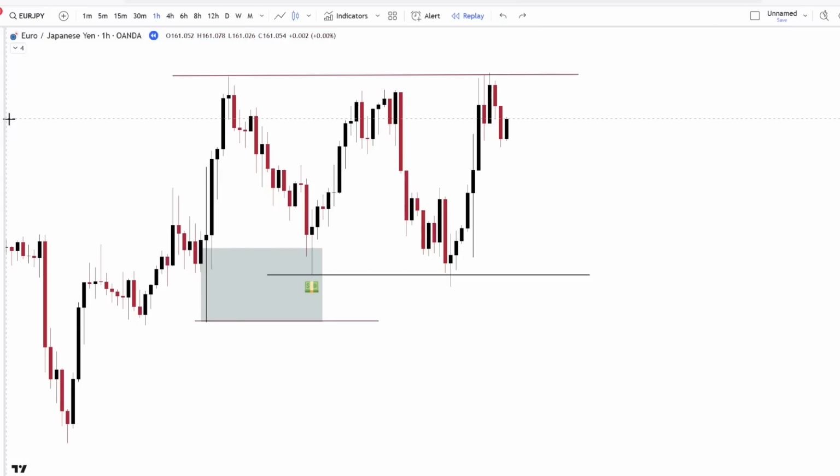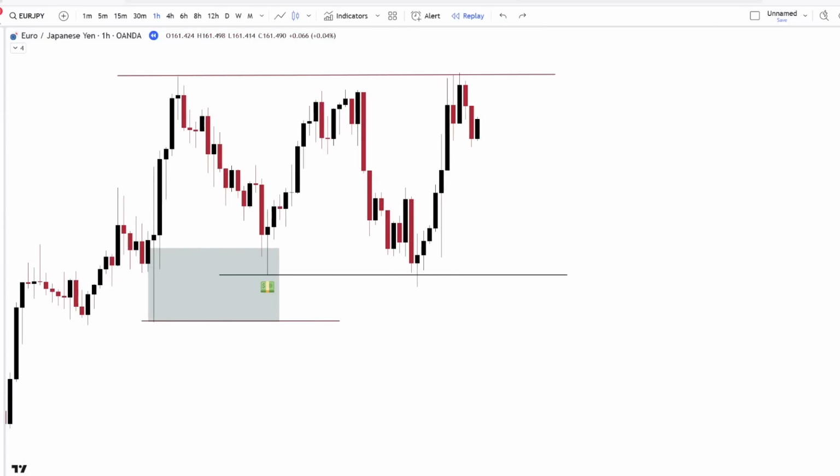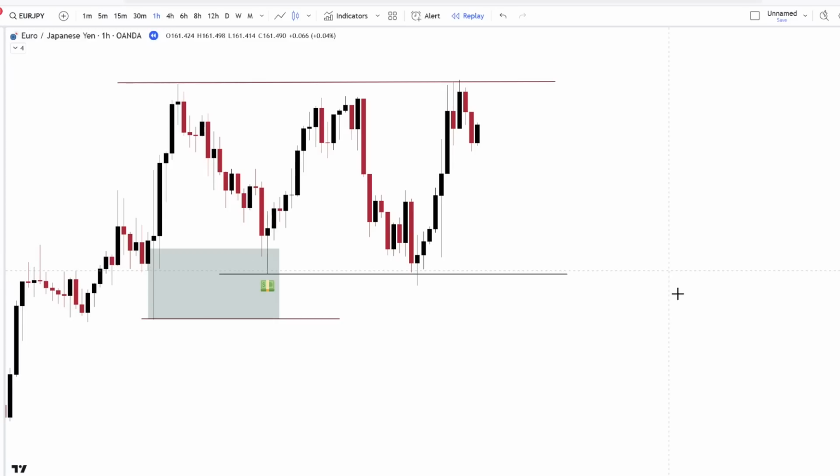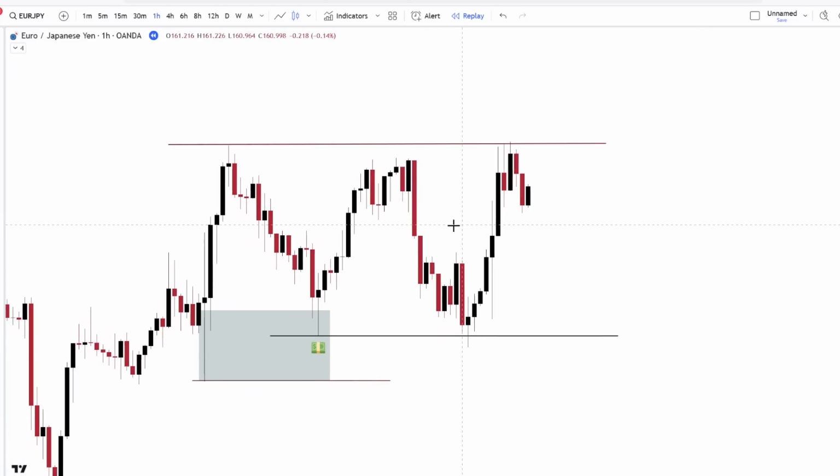Okay, so the difference in the approachment here is look at the move to the downside. If you look at this move, look how quick and how big these red candles are. Each one of these candles is 1 hour. So in 1 hour, price moved a certain amount of points, and in another hour, price moved a certain amount of points. Consolidated a little bit here, but quickly came down for another big candle.